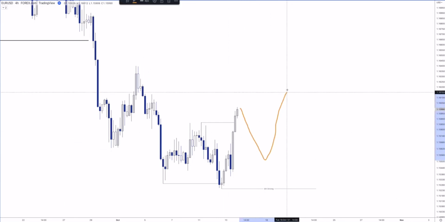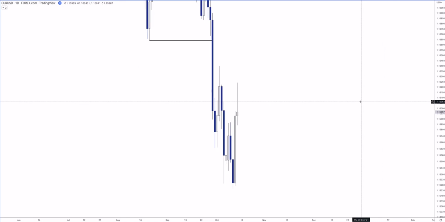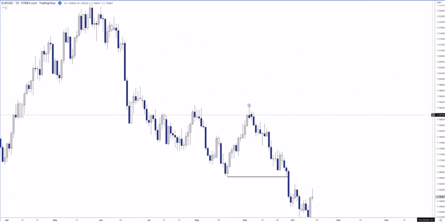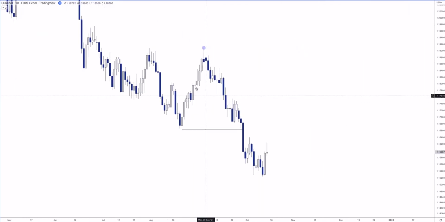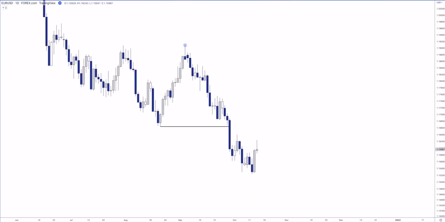So the point I'm trying to make here is when you define your structure, when you're drawing on swing structure or fractal structure or internal, you define it on the time frame you are on, okay? So when we're on the daily chart here, that's where the fractal high is because it's mechanical. You don't draw the fractal high because of how the 4-hour chart is looking.